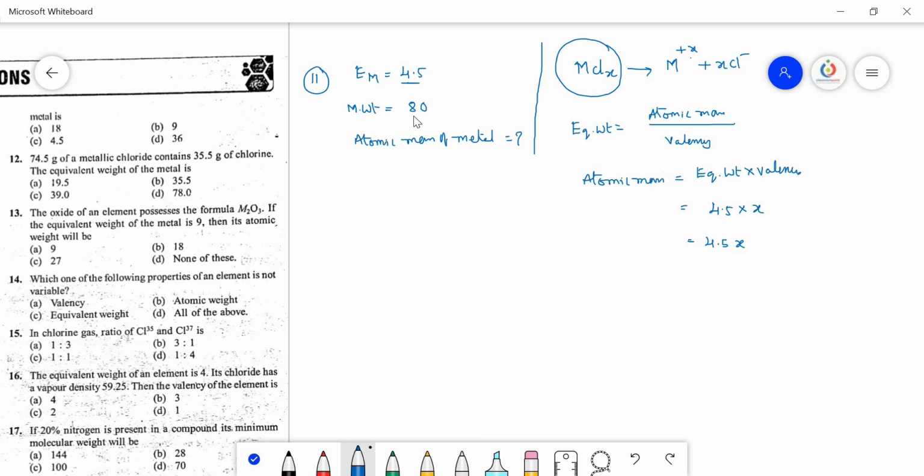Now let us take its molecular mass, because molecular mass also given, no? So if MClx molecule is there, how to calculate its molecular mass? Atomic mass of metal, listen carefully, atomic mass of metal plus x into atomic mass of chlorine.